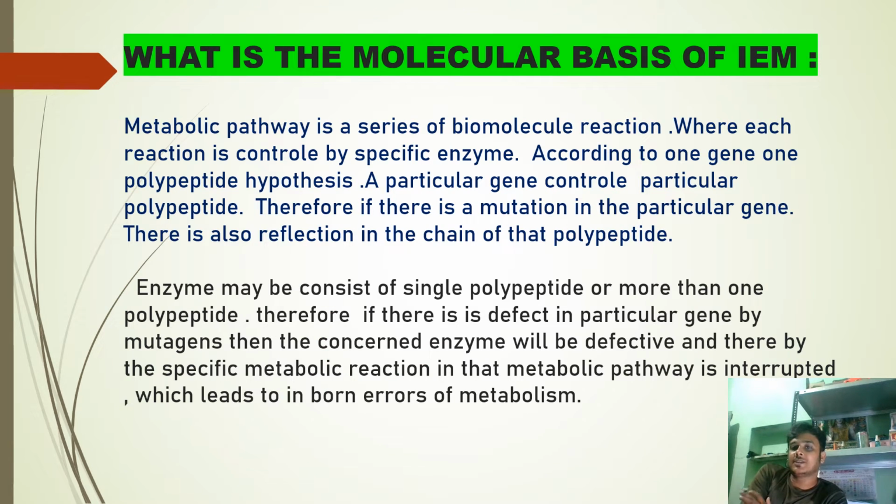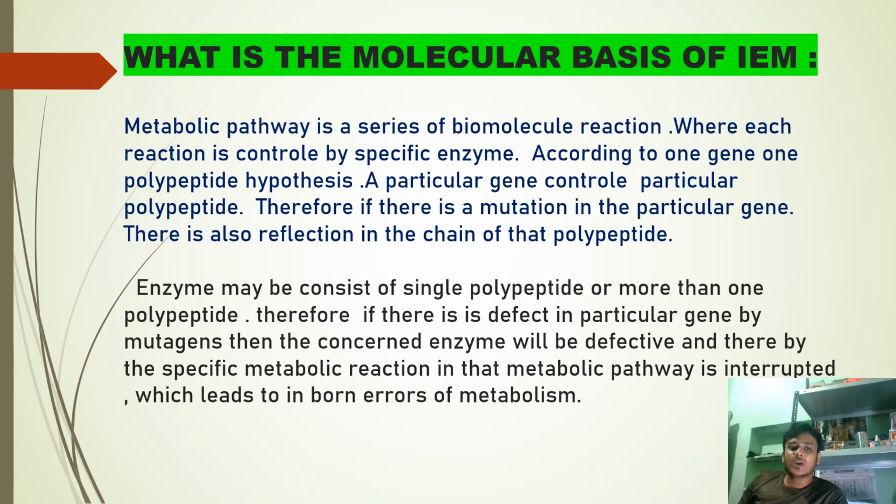What is the molecular basis of inborn errors of metabolism? A metabolic pathway is a series of biomolecular reactions where each reaction is controlled by a specific enzyme, and according to the one gene, one polypeptide hypothesis, a particular gene controls a particular polypeptide chain. Therefore, if there is a mutation in the particular gene, there is also a change in the polypeptide chain.